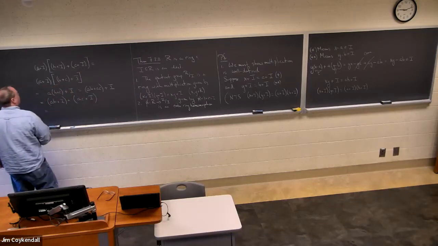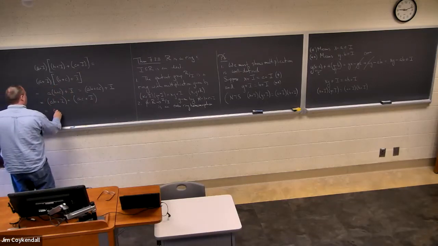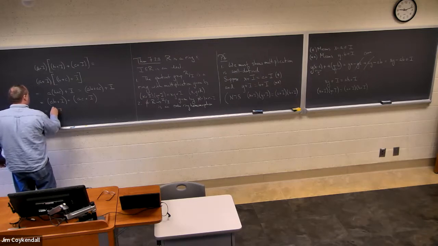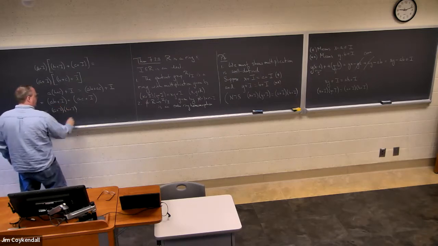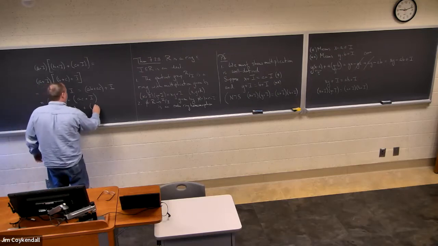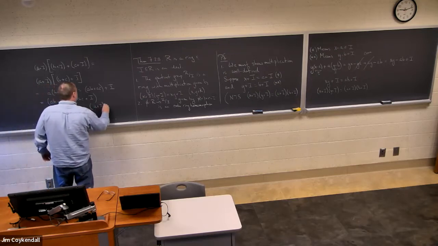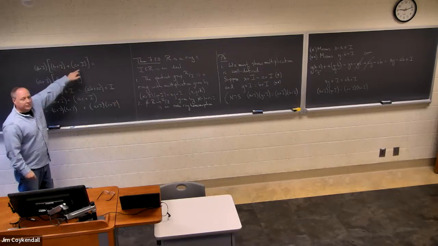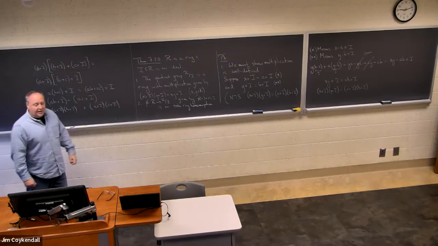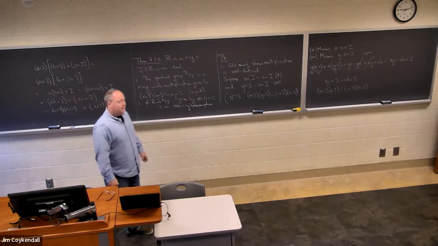And this is A plus I times B plus I, this chunk, and this is A plus I times C plus I. And so notice it distributes. All right, and that's all we really need.